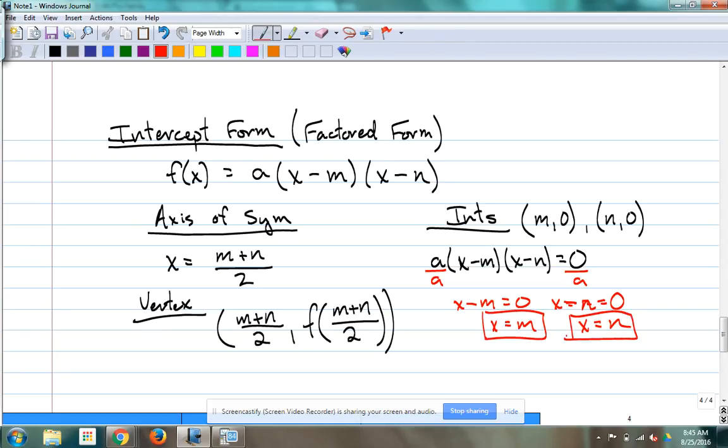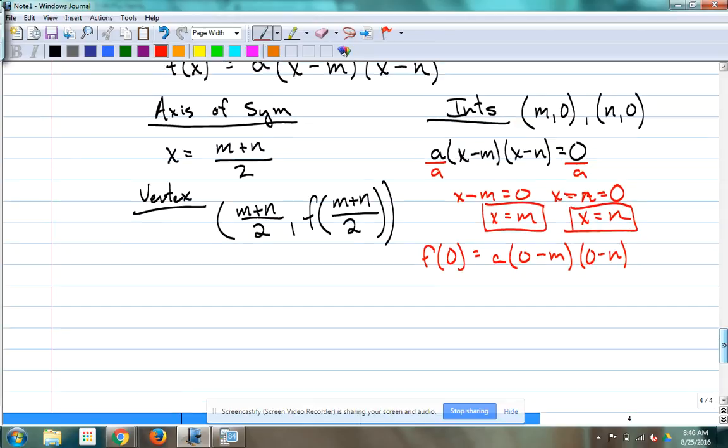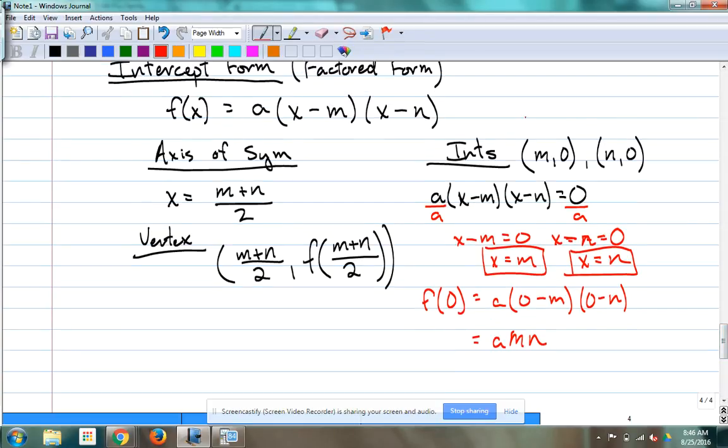So when you look at that, again, it's in parentheses. Anytime we see things happening to x in the parentheses, it's the opposite of what's going on there, just like the vertex in vertex form. So we get the x-intercepts real easy. That means the y-intercept's not quite as easy. For the y-intercept, you're plugging in 0, and you end up with this product A times M times N. I wouldn't memorize that.